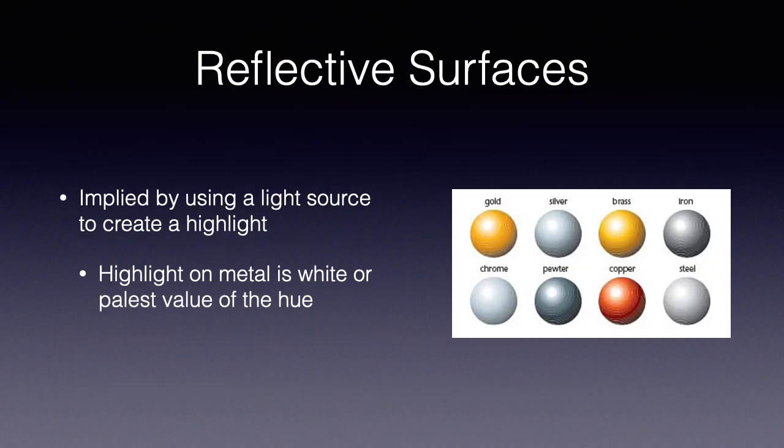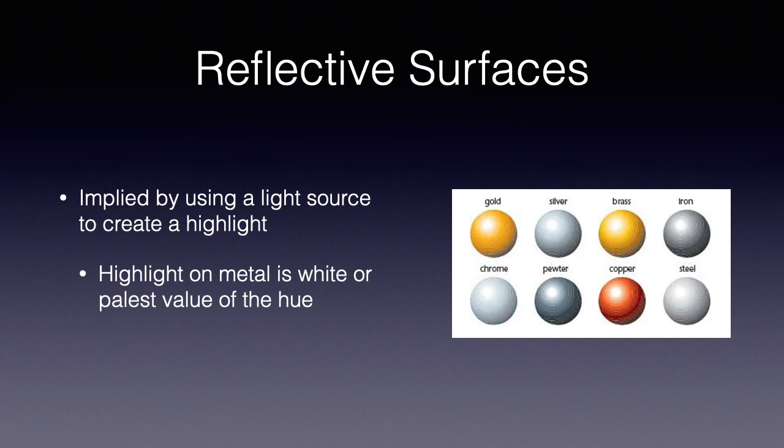So let's talk about reflective surfaces like metals, for example. In order to imply a reflective surface, you have to use a light source to create a highlight. Now, that highlight tends to be a white color or a very pale value of the hue, right?